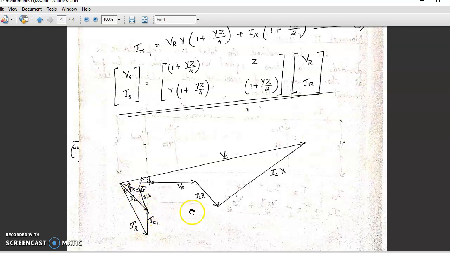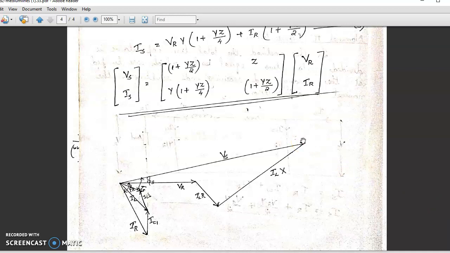Now, when IL passes through R, it produces a voltage drop IL into R, that is being drawn here. Now, perpendicular to this IL R, I have IL into X. When I join this, I get Vs. After getting Vs, I have to draw IC2.